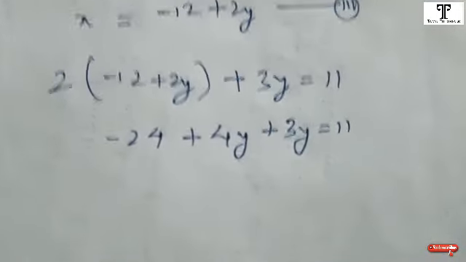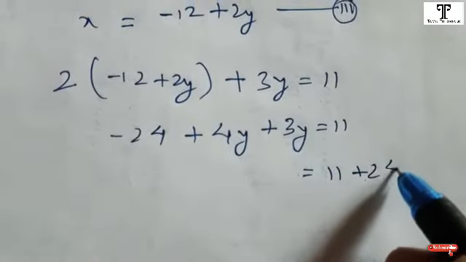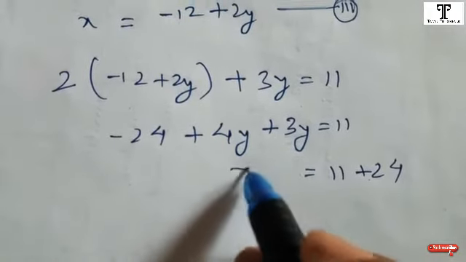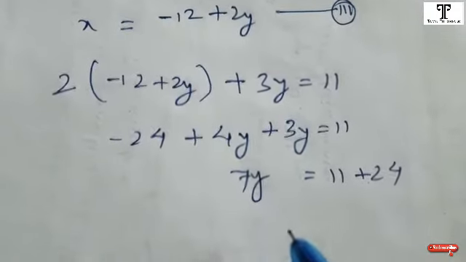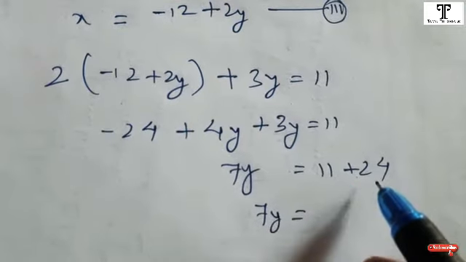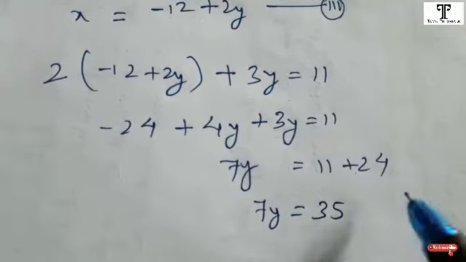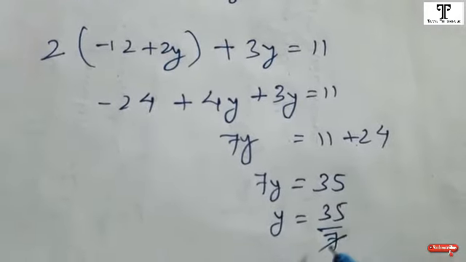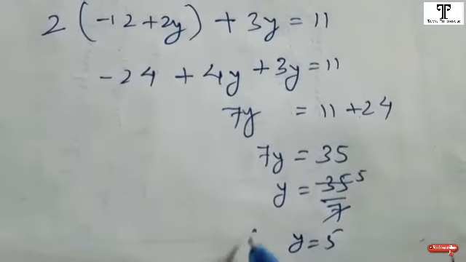Okay, so minus 24 you can take this side, plus 24, so 4 plus 3 is 7y. So 7y is equal to 11 plus 24, how much is that? 35, right? So y is equal to 35 by 7, 7 5s are 35, so y is equal to 5, so value of y is 5.